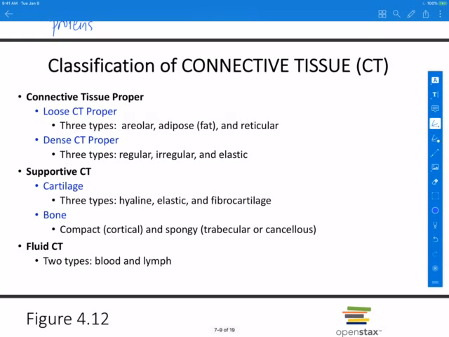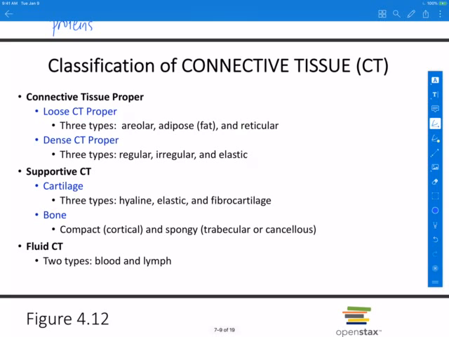Dense regular connective tissue and loose regular connective tissue have names that pretty much describe them pretty well. So loose connective tissue proper has really loosely arranged fibers. The fibers have large spaces between them, and those spaces are basically filled with ground substance.